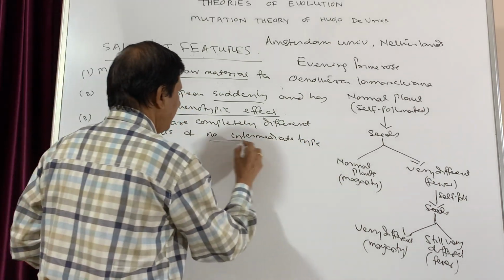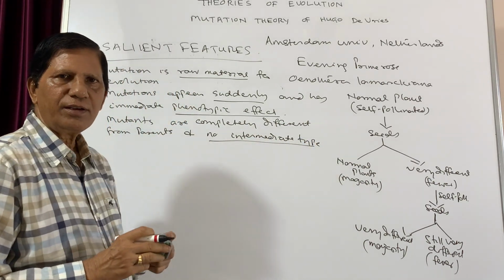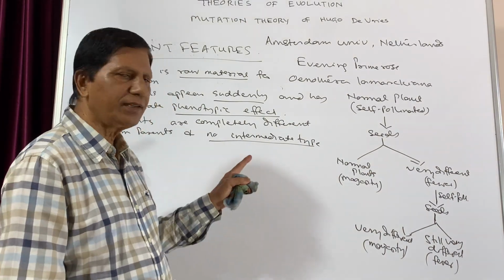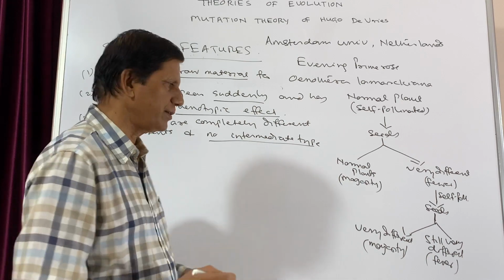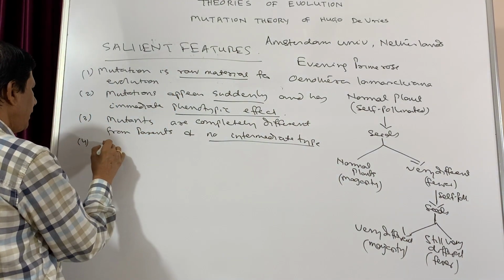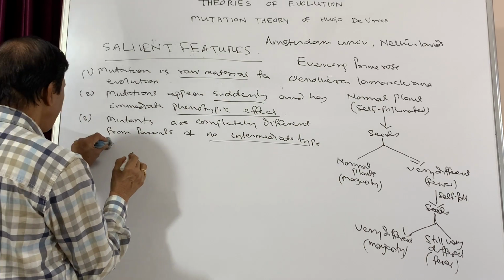That means unlike hybridization, where the F1 hybrid is intermediate between two parents, here the mutant is completely different.